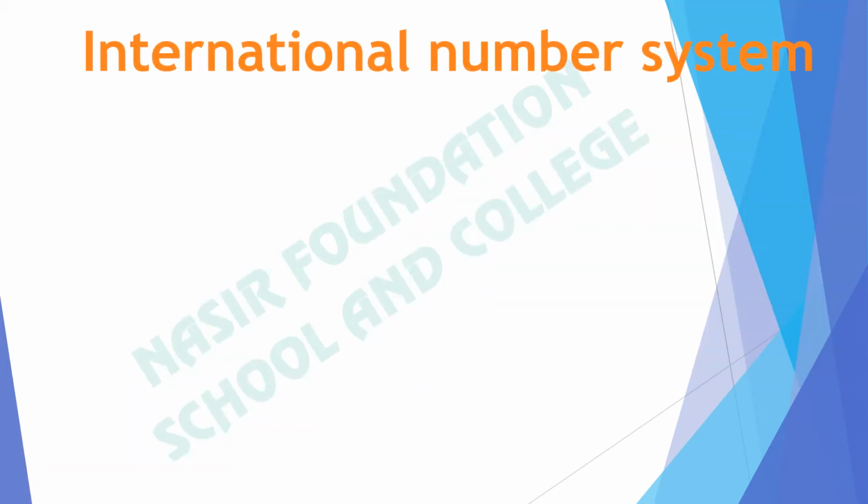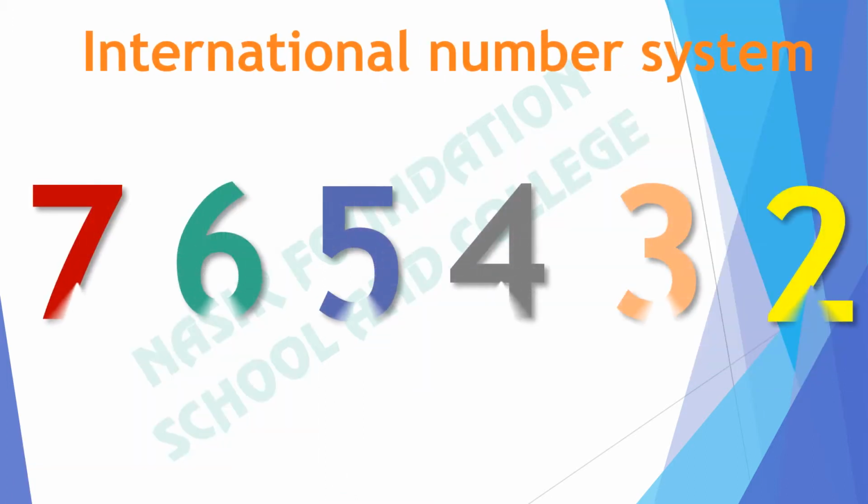In international number system, there is a number. So, from the right side we will count and after three digits we will place the comma. I repeat, we count from the right side and then after three digits we place the comma.